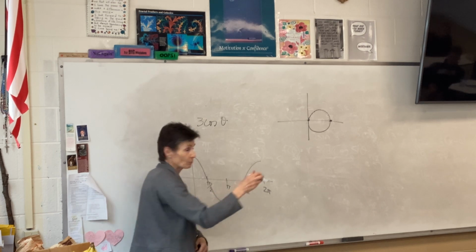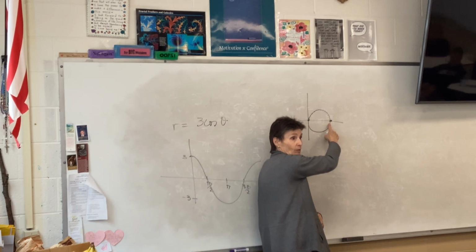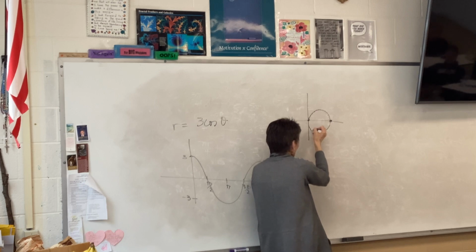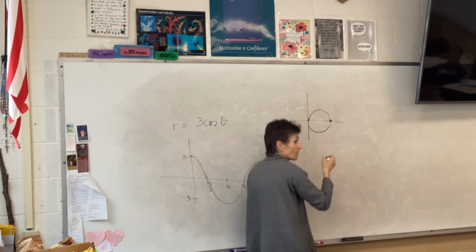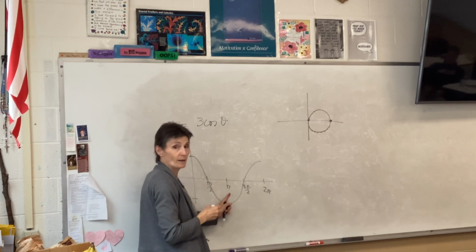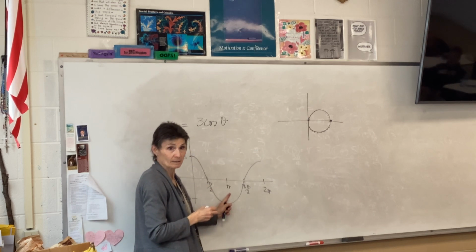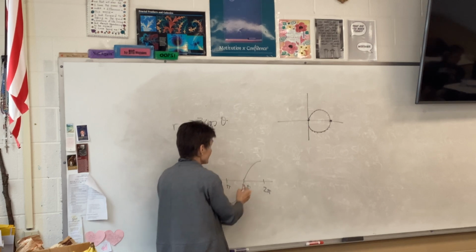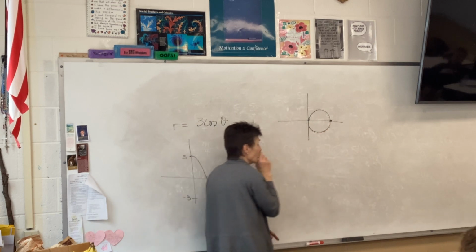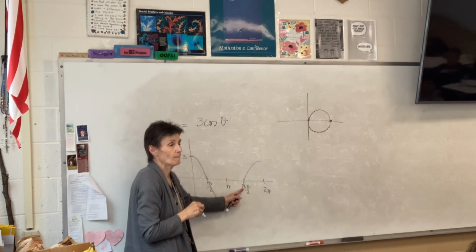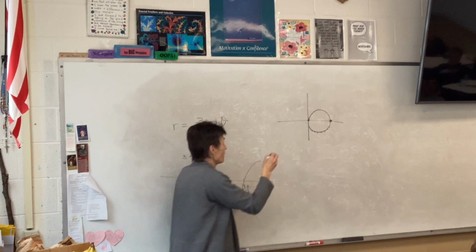We get -3, which gets plotted right back over here. Okay, wait a second, now I'm back over here. What are all of these points? Those are angles between pi over 2 and pi. Okay, so I'm to here now. I graphed this on my circle. Okay, what happens if I put in 3 pi over 2? I'm back at 0 again.